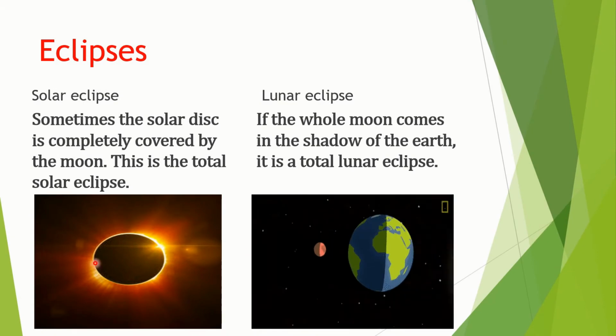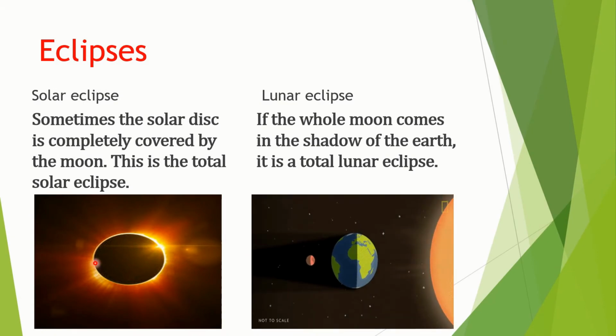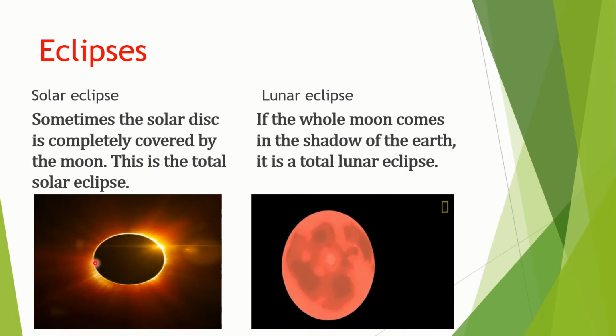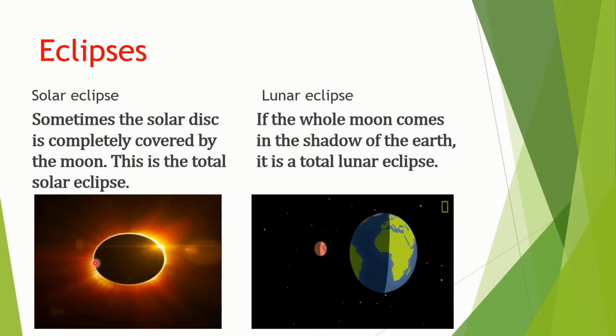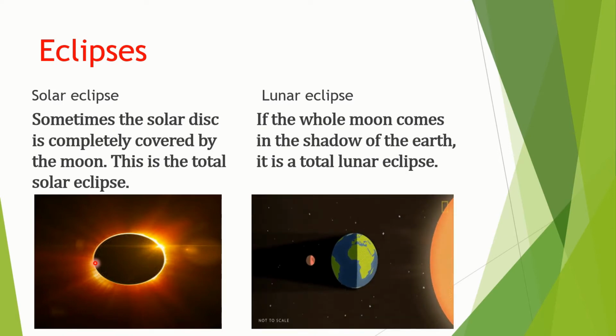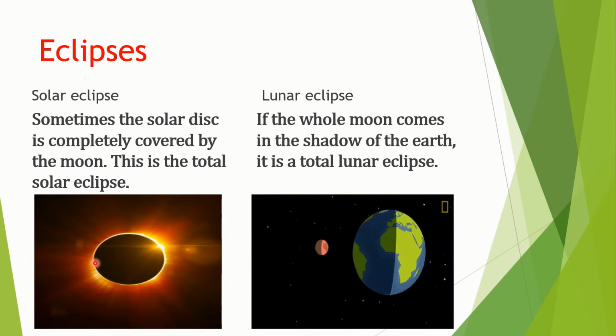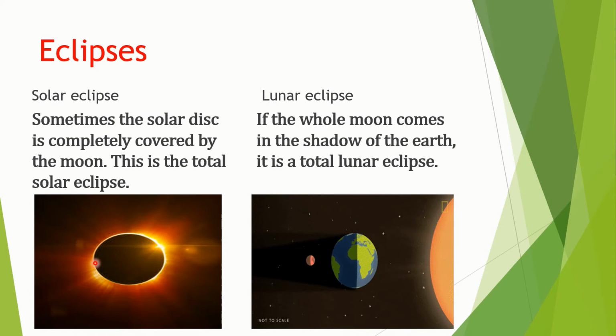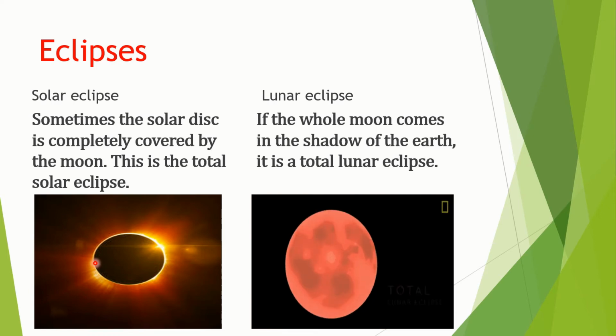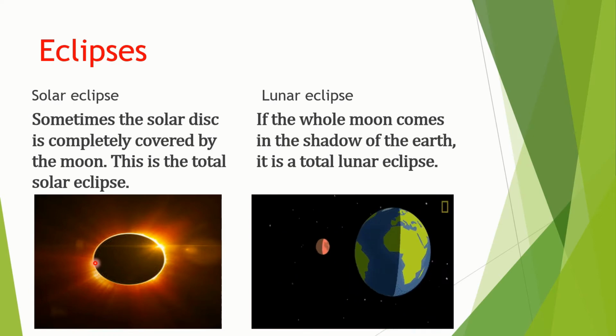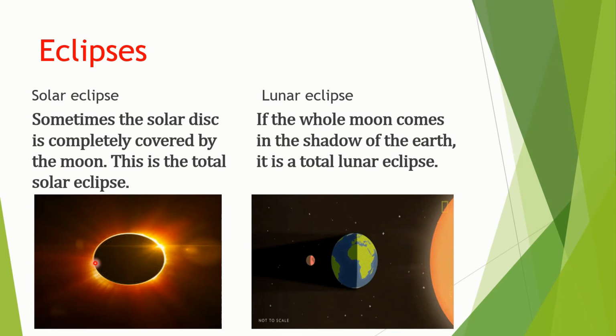Sometimes the solar disk is completely covered by the moon. This is the total solar eclipse.